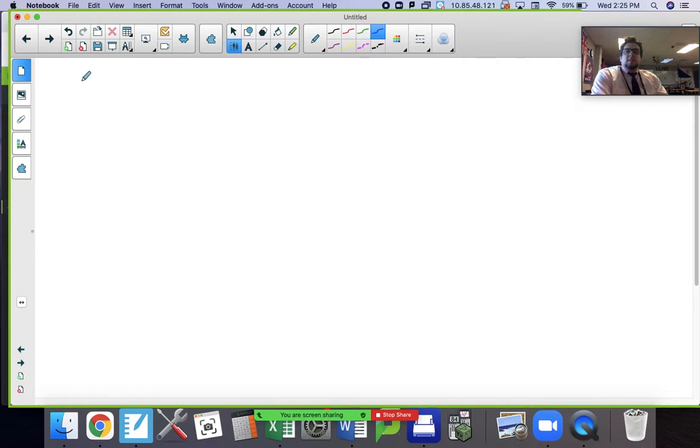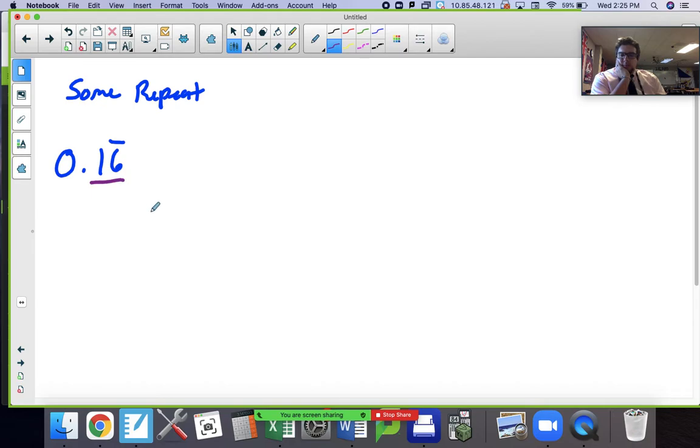When just some repeat, like 0.16 repeating, notice that it's just the 6 that's repeating. When we have a process like this, we're going to take the whole decimal, and then we're going to subtract the digits that are not being repeated.